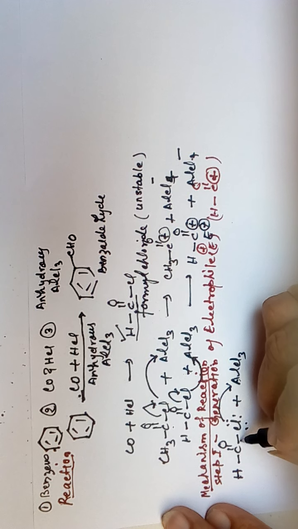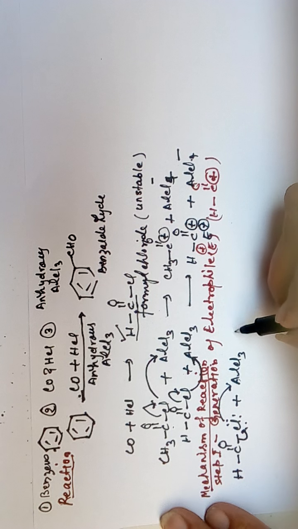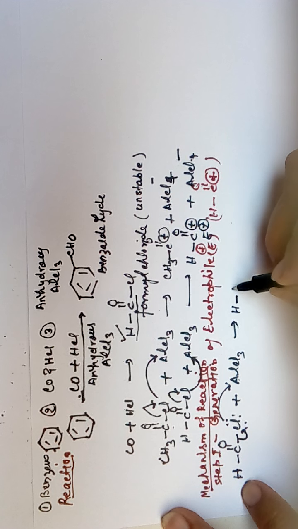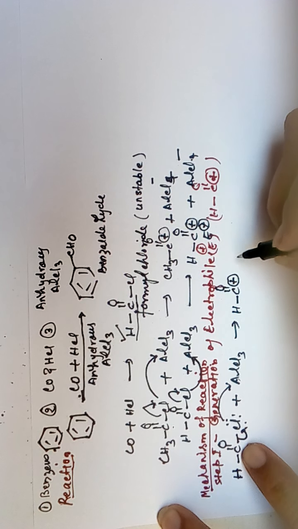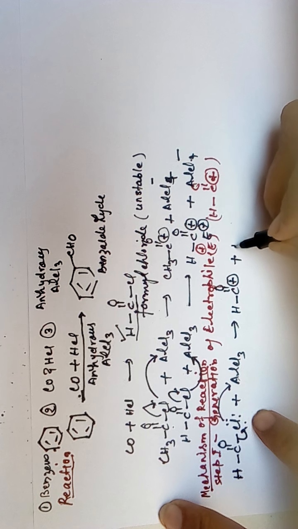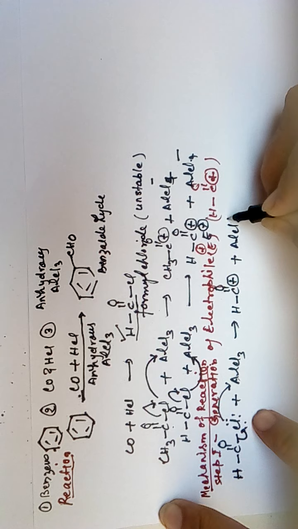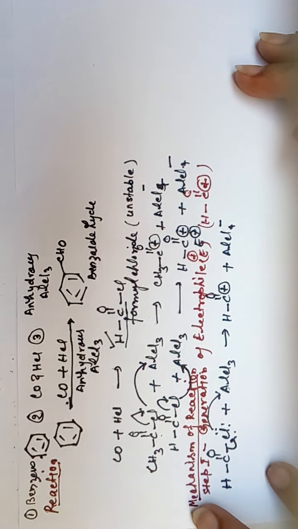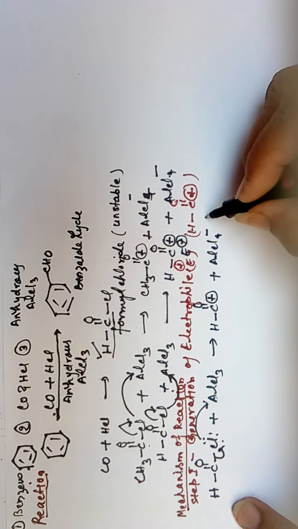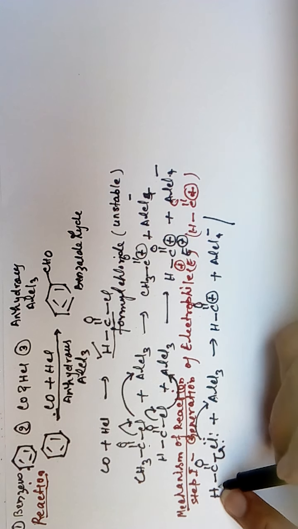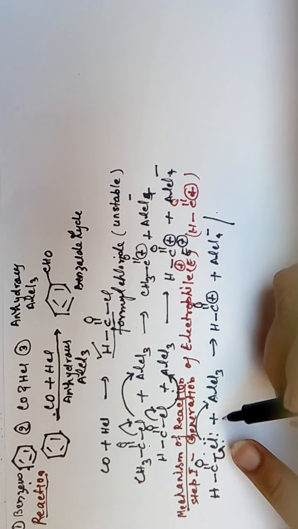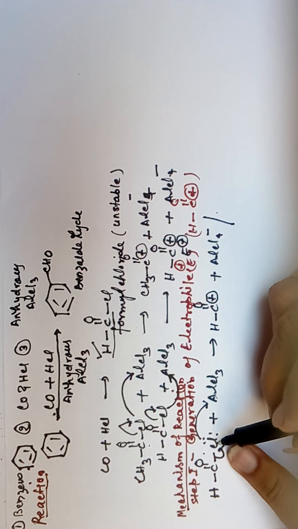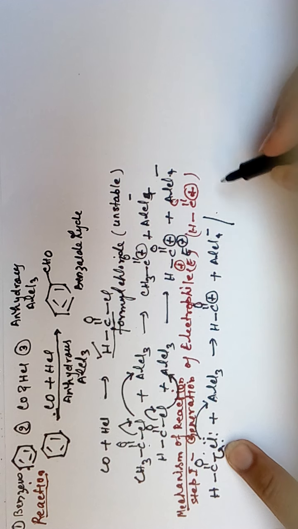Due to this, the bond breaks from here, HC double bond O positive comes on this carbon, and AlCl4 minus is formed. How is it formed? Let's see, guys. When this bond breaks from here, a bond between Al and Cl is formed simultaneously.